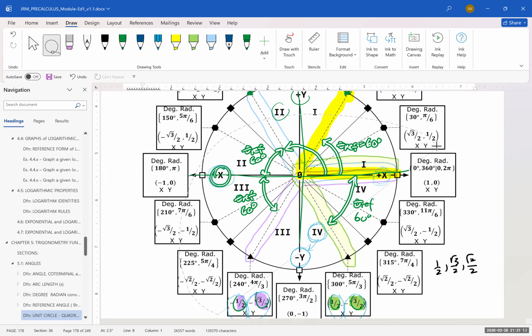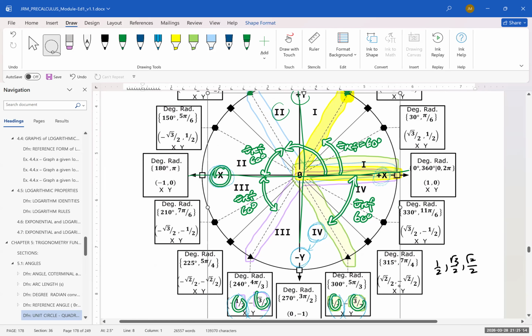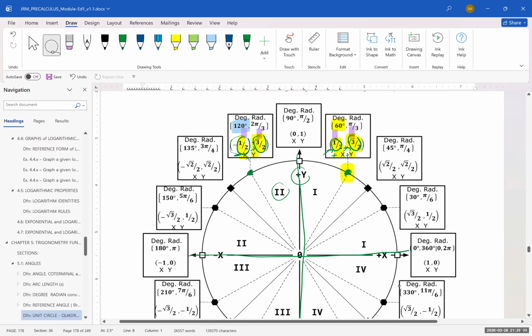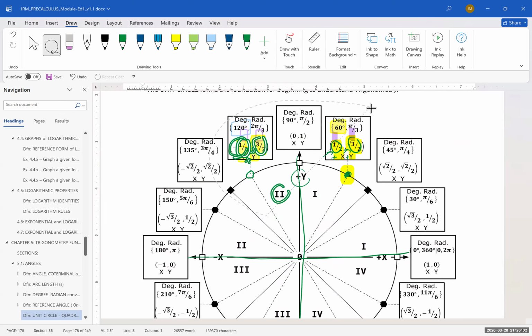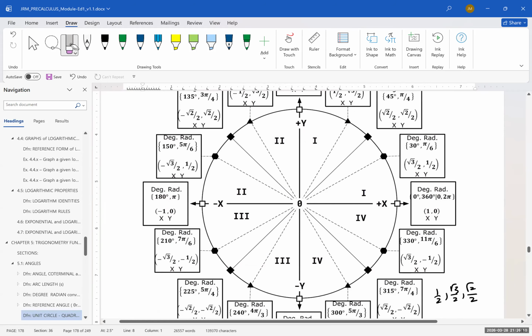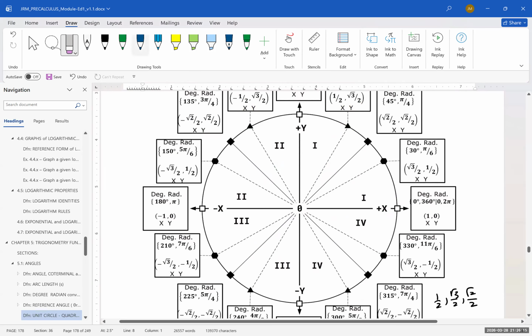All right. So let me get rid of all of this to keep everything as simple as I can make it, because you can always reverse the video and rewatch that part, right? Okay. So let's look at some more angles that have the same reference angle.